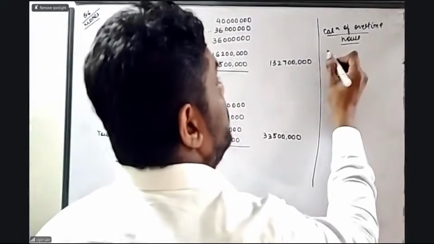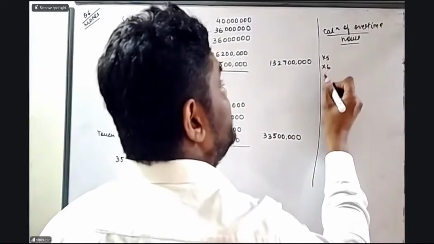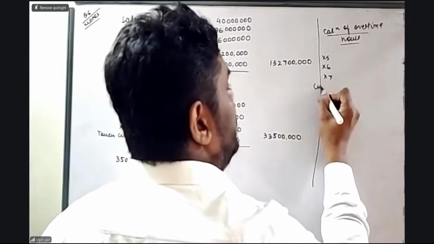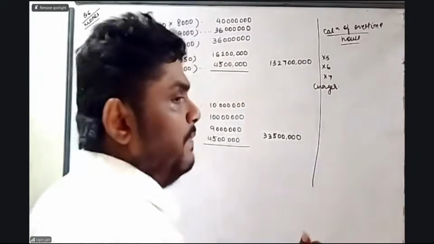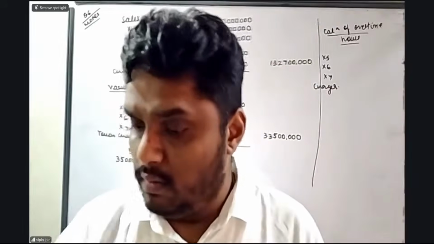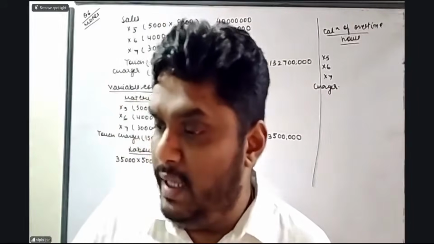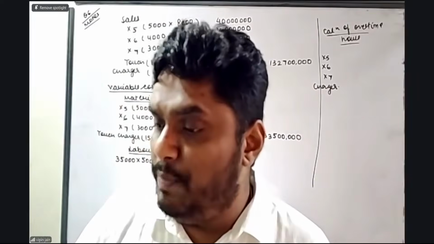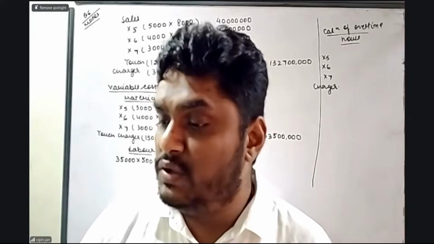So see, product X5, X6, X7, and charger, how many hours are required? So see, the labor is paid at the rate 500 rupees per hour, and the labor cost is rupees 1000 per unit.